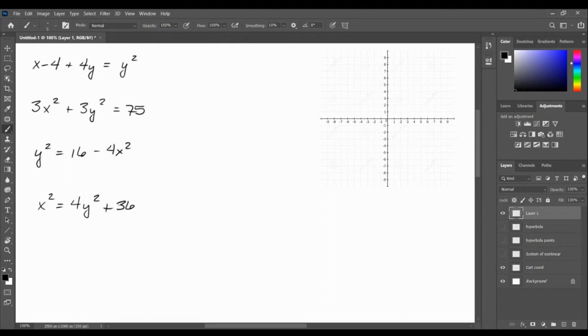So we've got four equations here, and the question is, what types of graphs would they give us? Can you tell just by looking at what you see in the function?